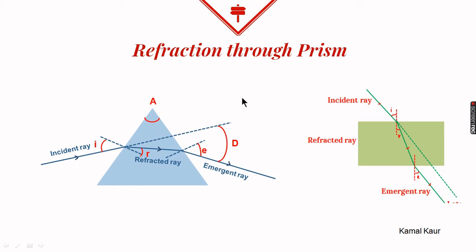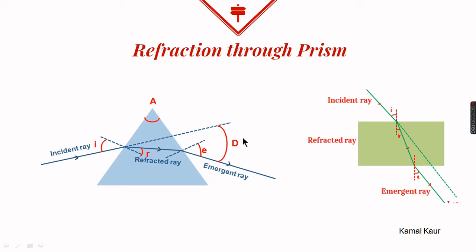Now we will compare refraction through a prism with refraction through a glass slab. In the glass slab, we have noticed that the incident ray and the emergent ray that comes out of the slab are parallel to one another. But in this case, the incident ray and emergent ray are inclined at some angle, which is called the angle of deviation.